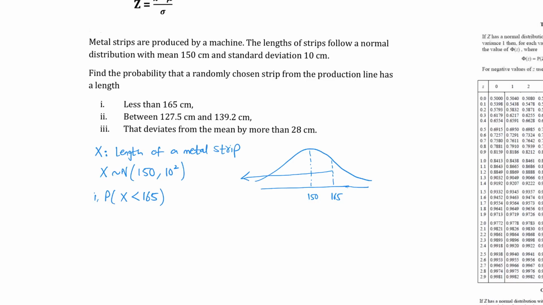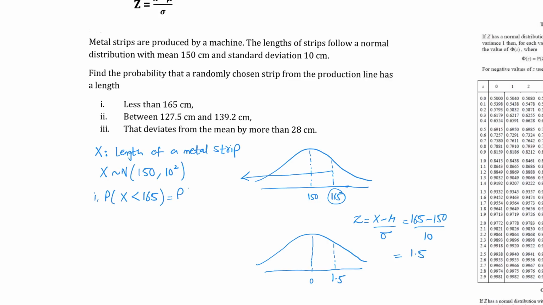So z would be x minus mu over sigma, 165 minus 150 over 10. So this comes out to be 1.5. So if I were to draw a standard normal distribution curve where the mean is 0, the corresponding value of 165 would be 1.5. So finding the probability of x less than 165 is the same as saying probability of z less than 1.5, which is this region.